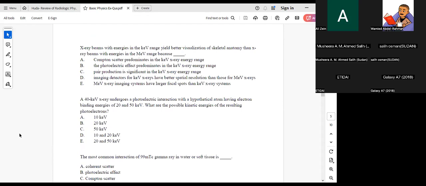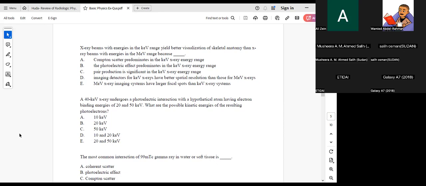X-ray beams with energies in the keV range yield better visualization of skeletal anatomy than X-ray beams with energies in the MeV range, because, it's probably because of the photoelectric effect. That's something we want for imaging. So probably B is the correct answer.